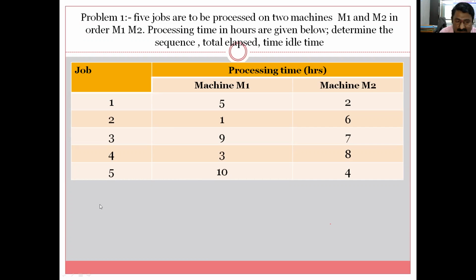So in that case, AB. Here, what is the order given? The order is given as M1, M2, in the same way as AB.